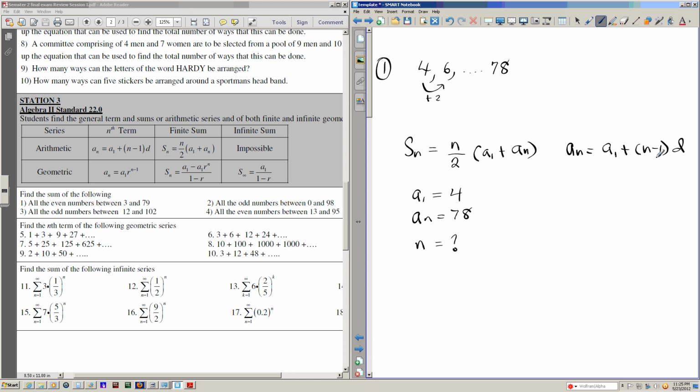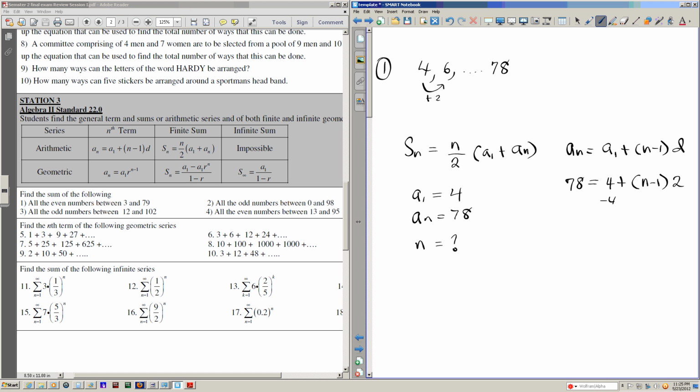All right, so let's use it. So an, the last term, is 78, so we're going to have 78 equals the first term, 4, plus n, we do not know, minus 1, times d. d is you add 2 every time, so it's going to be positive 2. So we solve this for n, and then plug it in to find the sum, okay?